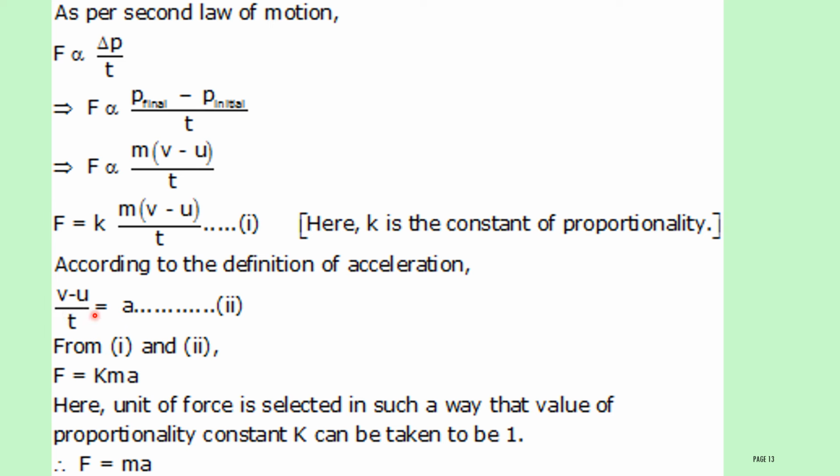Substituting this value in the equation, we get F equals k m a. Here the unit of force is selected in such a way that the value of the proportionality constant k can be taken as 1. If k is equal to 1, then F is equal to ma. This is the mathematical derivation of Newton's second law of motion.